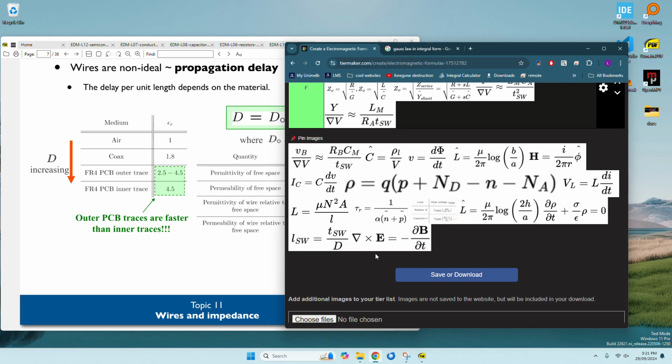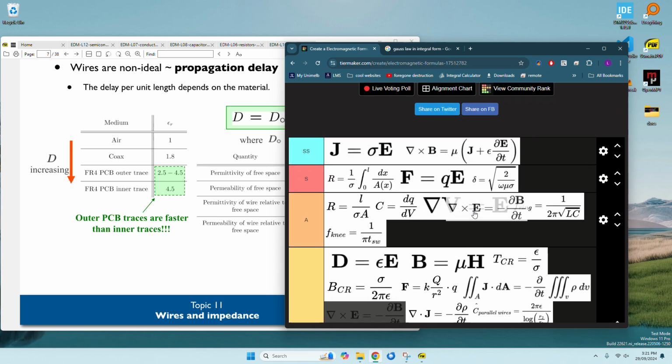This one's interesting. That's another one of Maxwell's equations. We'll put it in S tier because you still don't use it that much.